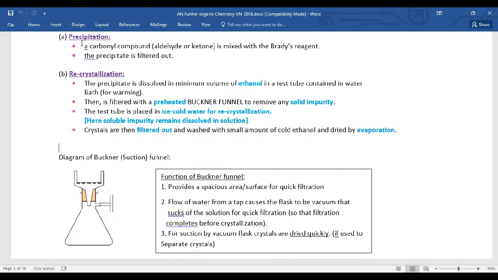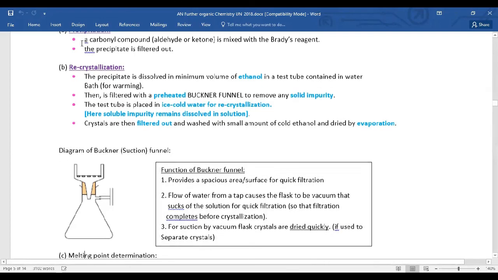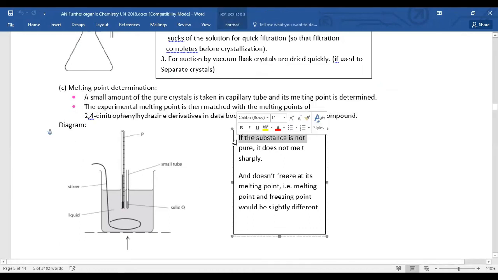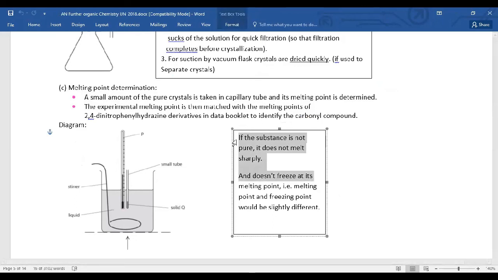Then the dried sample. This is the Buchner funnel, how it works, I discussed already. And for the melting point, a small amount of the pure crystals is taken in a capillary tube and its melting point determined. The experimental melting point is matched with the data booklet. If the substance is not pure, it doesn't melt sharply and doesn't freeze at the same melting point.